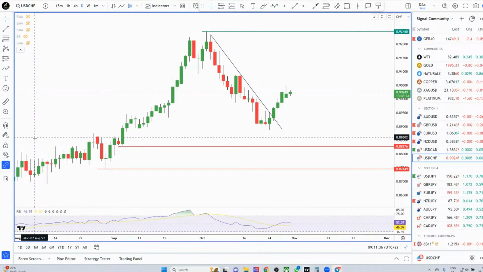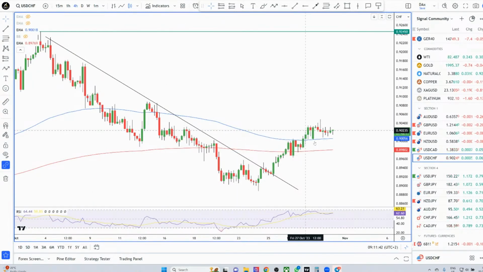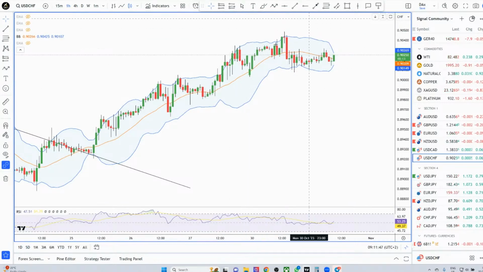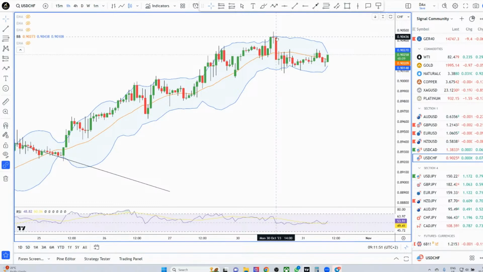Therefore, we must be a bit cautious with that. On the 4-hour chart, nothing, it's just moving sideways. On the hourly, still nothing here. Yesterday I was looking at this doji candle at the top of the band. I didn't take any trade, to be honest, but it was a fairly good reward to risk. That was a good trade to take. Weakness on the US dollar, strength on the CHF, and there was something there.